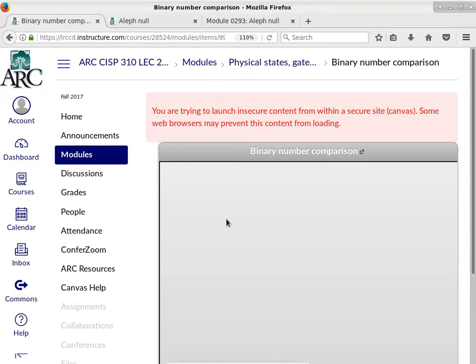So this is basically a warning. It's okay in this case because it's just my class notes, and there's no reason why they cannot be transmitted in plain text. On the other hand, if this is your grade or the sign-in screen, then you have a big problem.